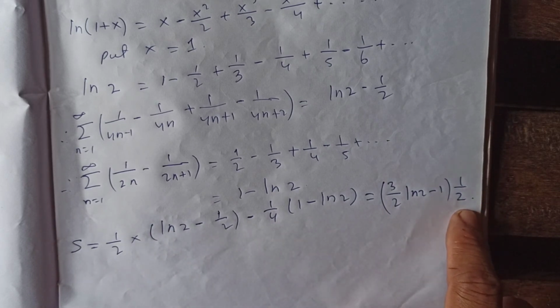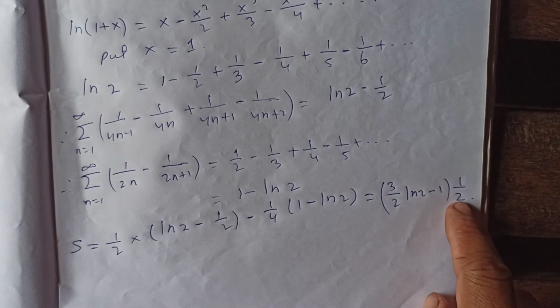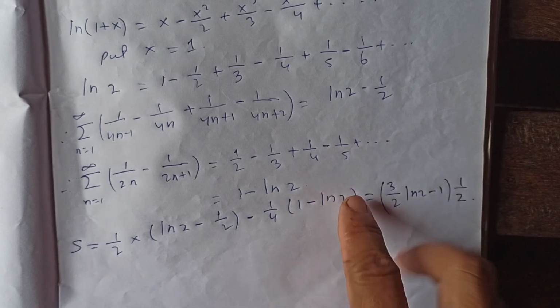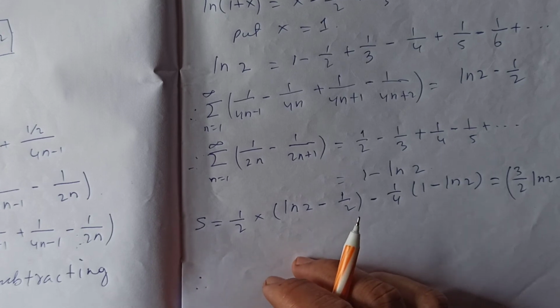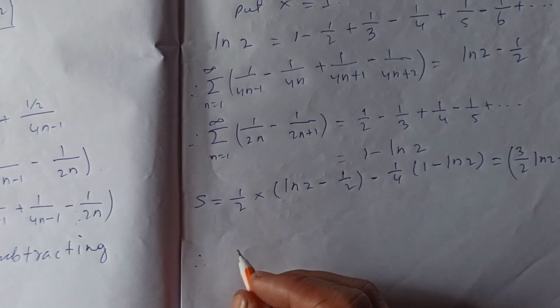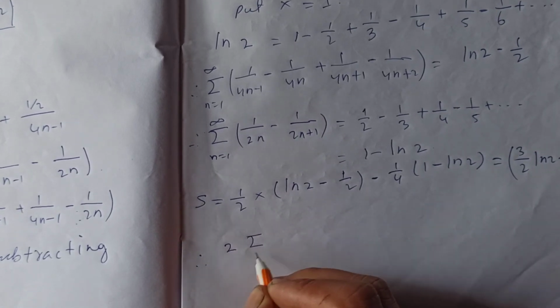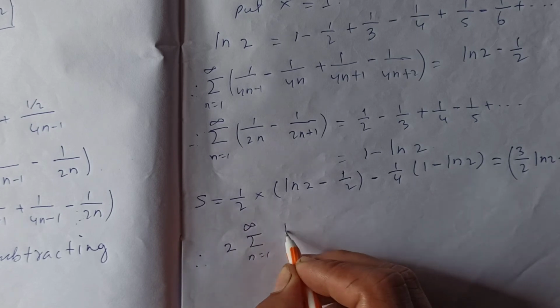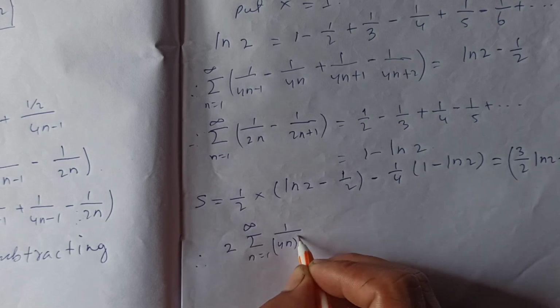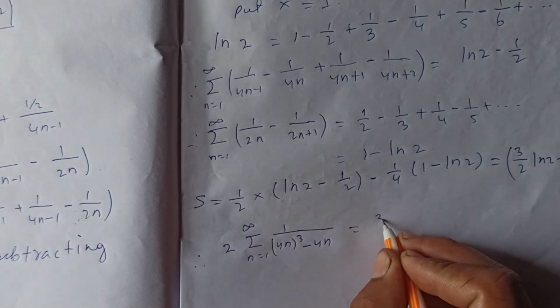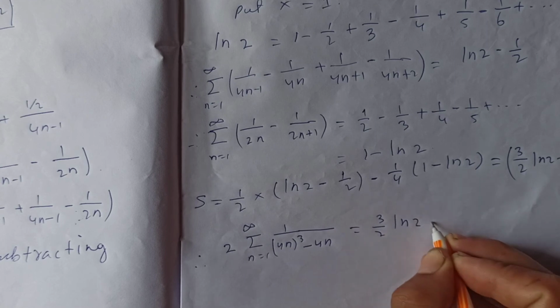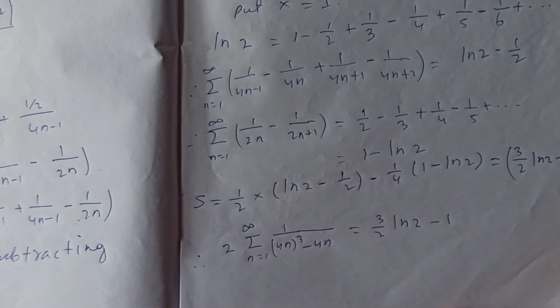Now these two transfer here and simplify one more time, meaning 2 times the sum from n equal to 1 to infinity of 1 over 4n cubed minus 4n, 2 transferred here, is equal to 3 by 2 natural log of 2 minus 1, right?